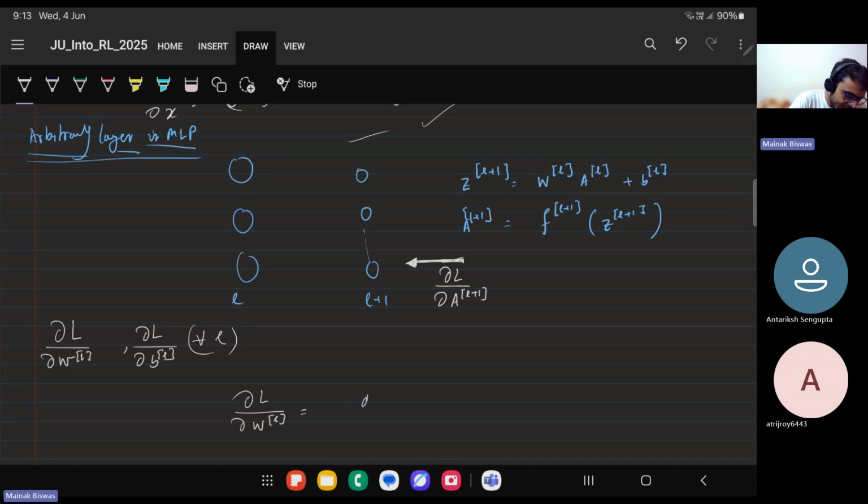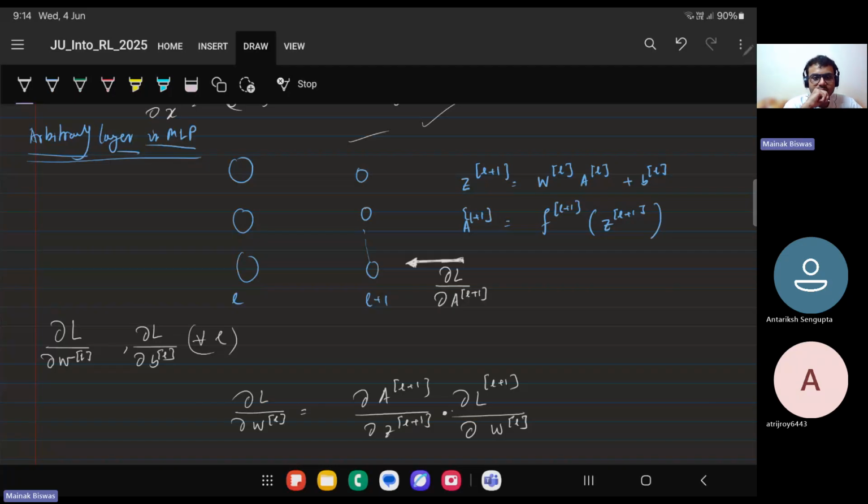So first, can I write this as dL plus 1 into dow ZL plus 1 into, these are all Jacobian matrices. We did it in detail last time, but I'll just show you what I'm doing in terms of derivatives. Is this correct? Is this okay?